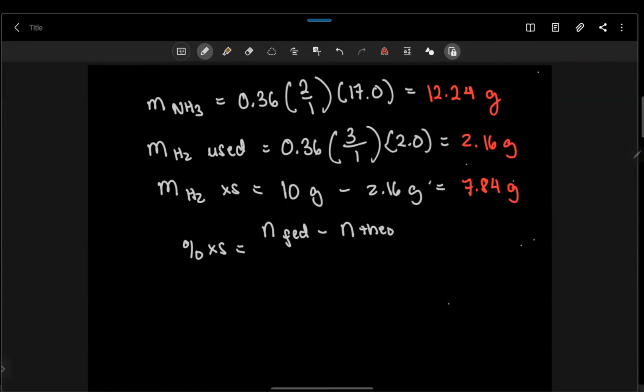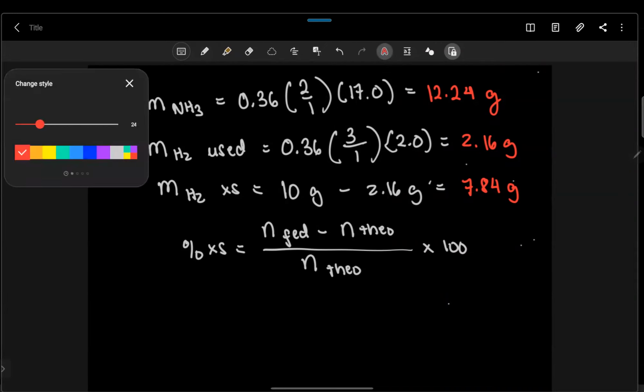Ibig sabihin siya yung kailangan lang, divided by moles theoretical times 100. Okay, so tandaan nyo yan. Let me probably highlight that.